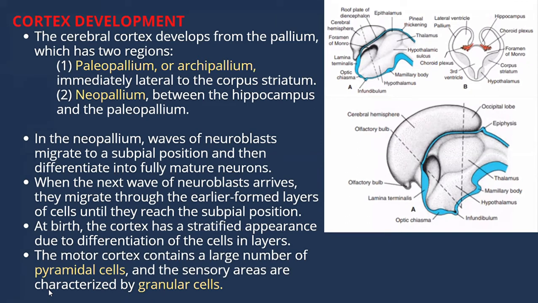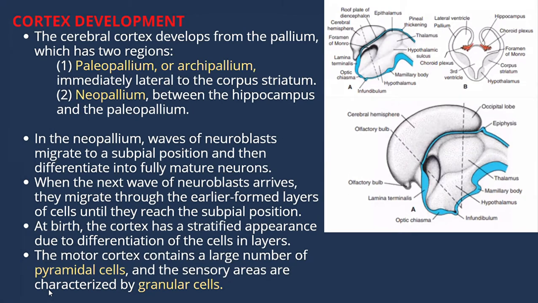So the cerebral cortex develops from the pallium, which has two regions, the paleopallium and the neopallium. The neopallium is lateral to the corpus striatum, and it lies between the hippocampus and the paleopallium.